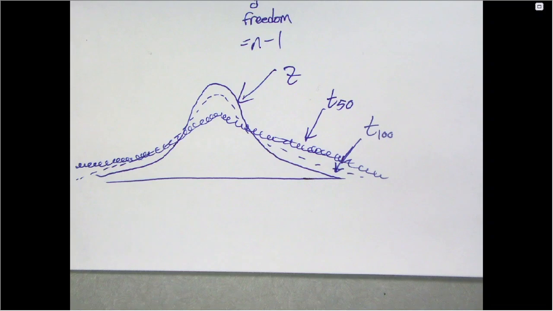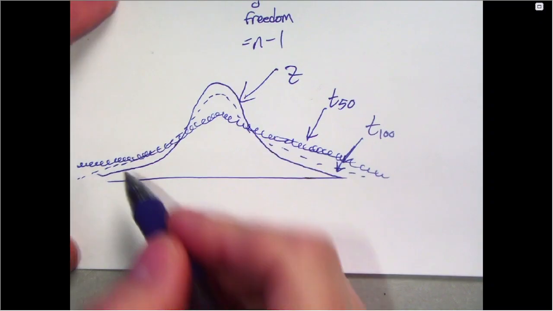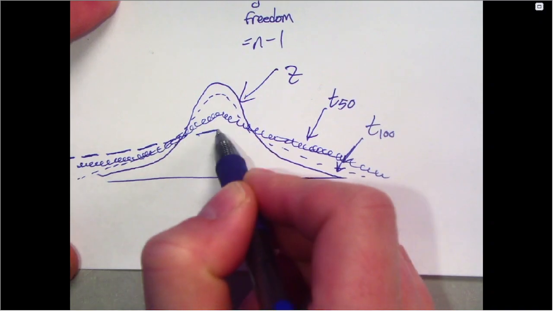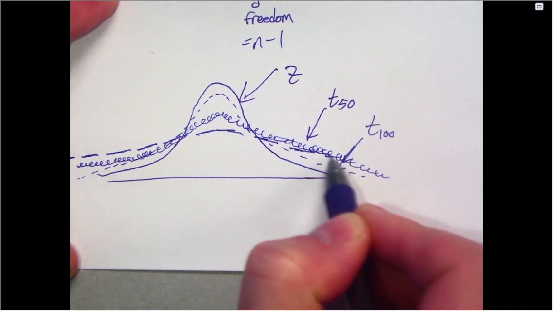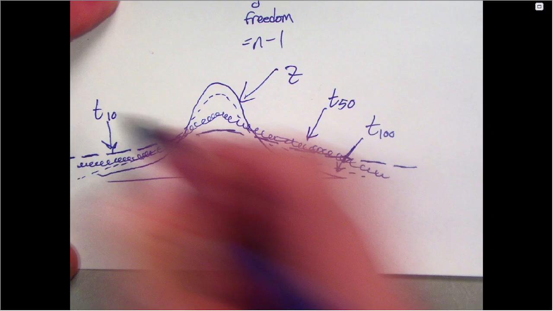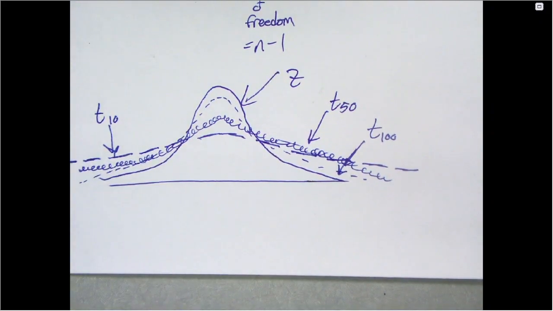And then T sub 10 is going to smush the normal curve even more, pushing things out to the tail. So I'd do like a heavy dashed line. It looks something like this. If you had different colors, that'd be ideal. And that'd be your T sub 10. So small sample size is really wide and kind of short, and then as you get a bigger sample size, it pushes in from the tails and gets taller.